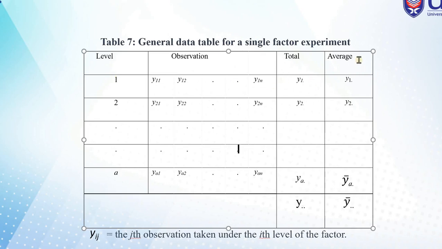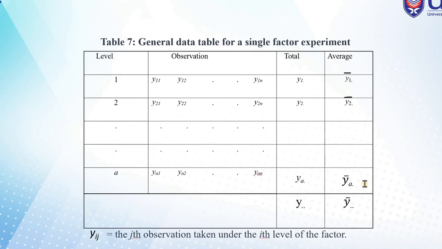And then we have the average. This one is a bar, and this one is a bar, meaning the average. So the average of the first level, the average of the second level, and so on up to the a level.